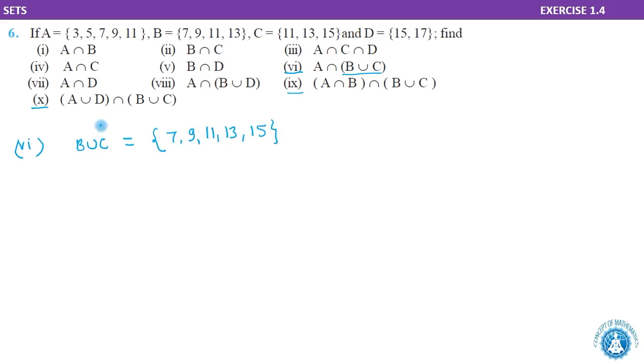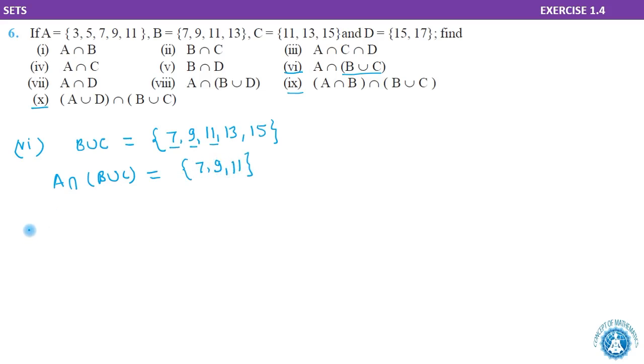And A is already given: 3, 5, 7, 9, 11. So which elements are common in both sets? Definitely 7, 9 and 11. So A intersection (B union C) will be 7, 9 and 11.